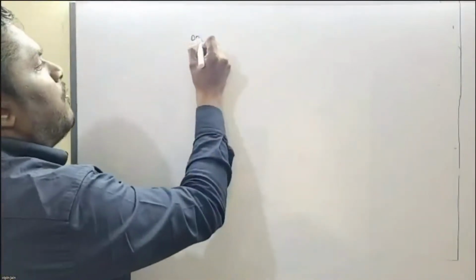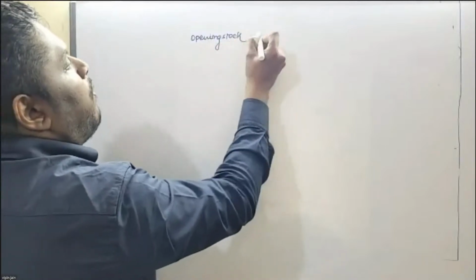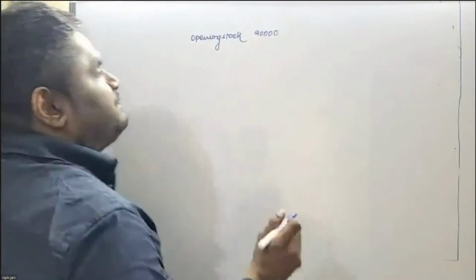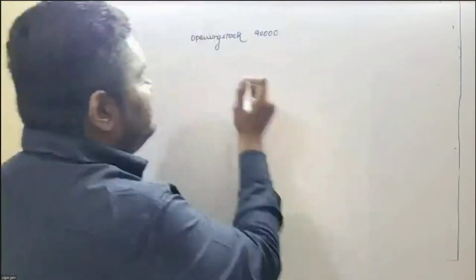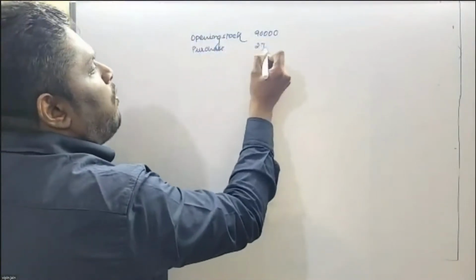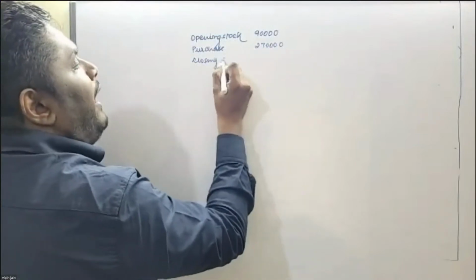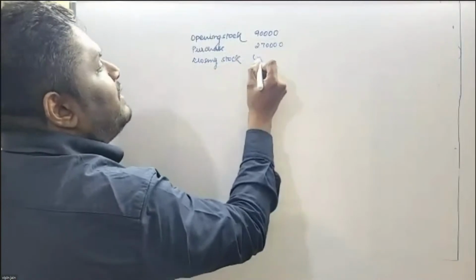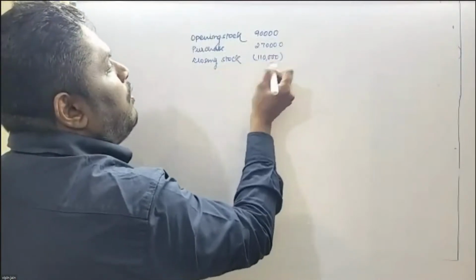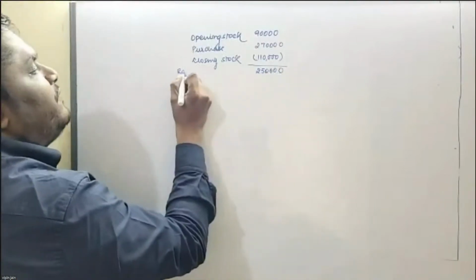Herein my opening stock is 90,000, purchases are 2,70,000, and closing stock is 1,10,000. So my raw material consumed will be 2,50,000.